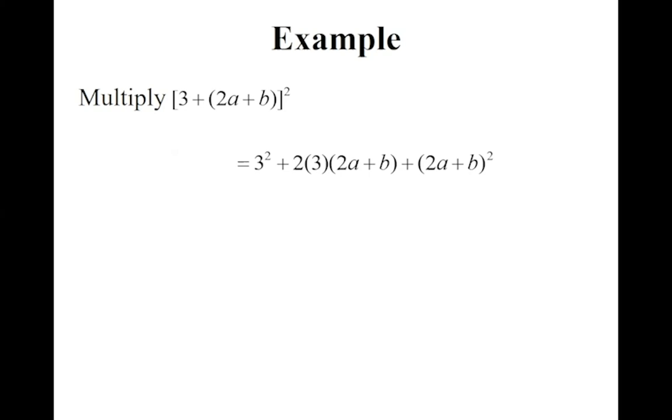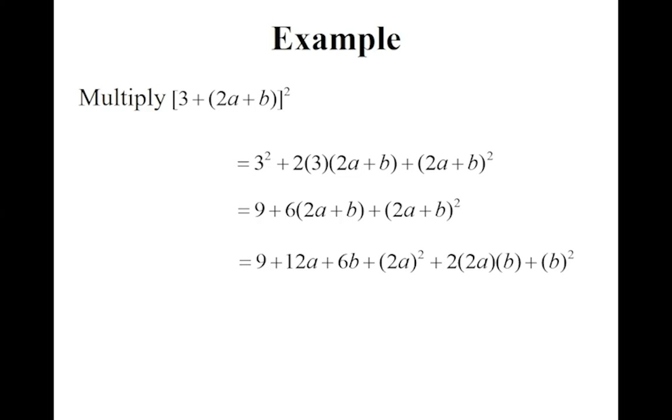Doing a little bit of simplification, 3 squared is 9, 2 times 3 is 6. Now we have to square the 2a plus b. Let's use the formula a second time. Bring down the 9, distribute the 6. 6 times 2a is 12a, 6 times b is plus 6b.